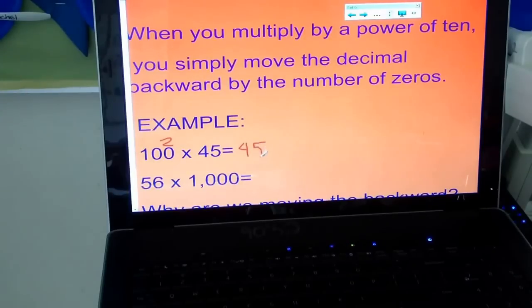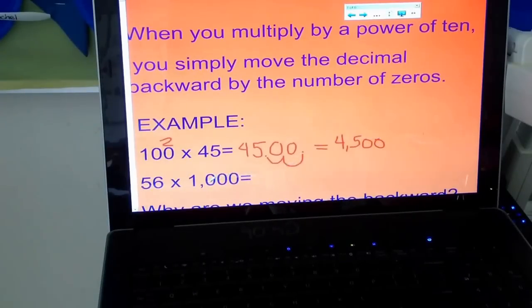We talked about in class, the decimal is invisible, but it belongs right there. So to move it back 2 spaces, I'm going to move it backwards 1, 2. My new decimal belongs right there. Empty spaces are the same thing as zeros, so I would fill in a 0 for each empty space. And my new answer would be 4,500.